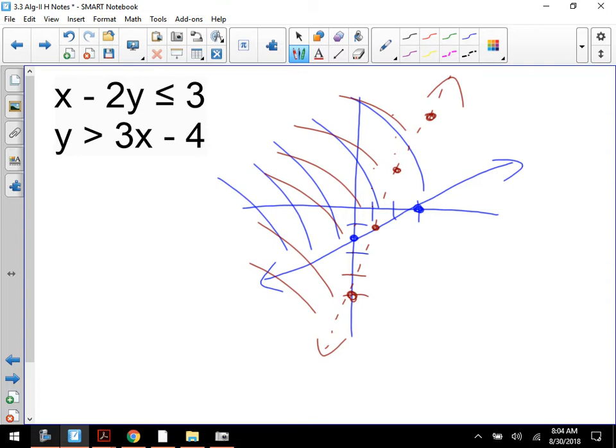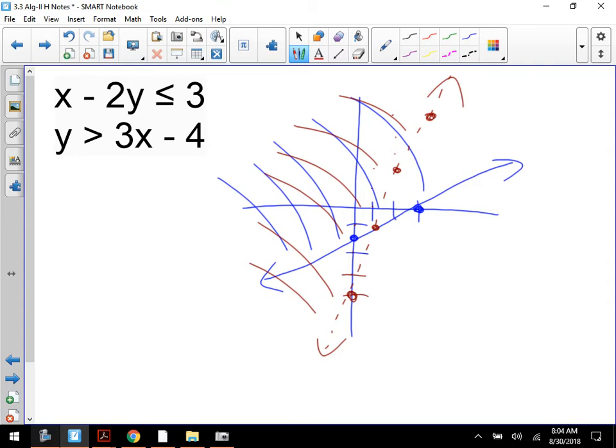Where those two lines intersect, you mean? Well, remember what's happening here. You've got one line that's not technically there, and one line that is, because of the inequality. So if I chose where these two hit, it wouldn't technically work because it's like an open dot as it goes through that spot and solid on the other.